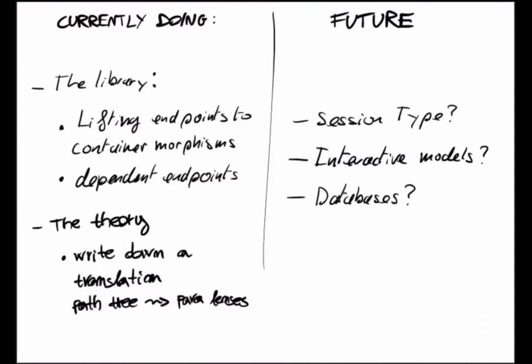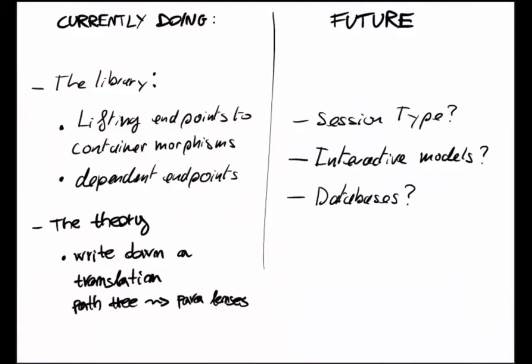This way, the only thing you have to do is describe one endpoint and then stick on a lens which has the correct type to work with it. And this means that when your endpoint is relatively trivial, your implementation is also relatively trivial.